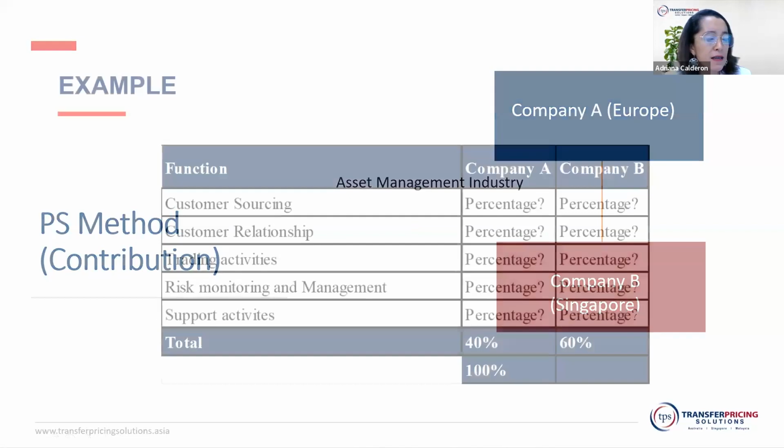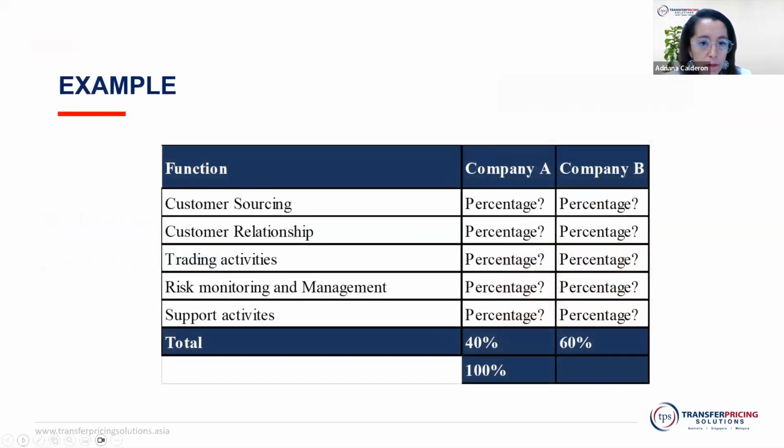So we summarize it here to make it very simple, but what the contribution profit split tends to achieve, or the ultimate goal, is to first value the contributions or split the functions that contribute to the business. In this case, we have four areas, but it can be anything else: customer sourcing, customer relationship, trading activities, risk monitoring and management, and supporting activities.